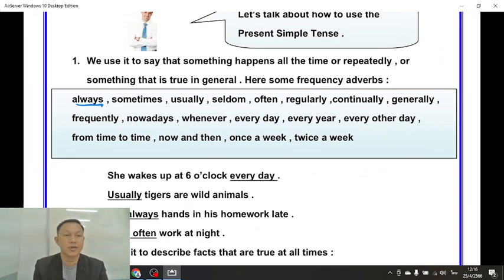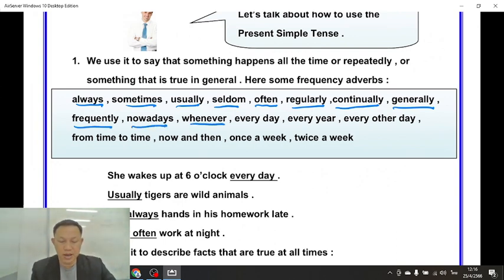Always, sometimes, usually, seldom, often, regularly, continually, generally, frequently, nowadays, whenever, every day, every year, every other day, from time to time, now and then, once a week, twice a week.